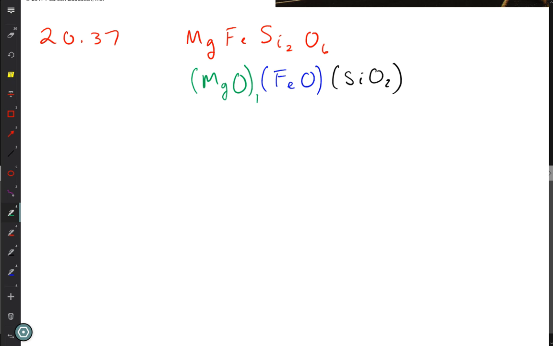So that means I better have a 1 here, because there's 1 magnesium. Now I'm going to count my O's. I have 1 O from that one. Now we go to the iron. How many irons are in my pyroxene? So I'm going to have 1 there as well. So I'm going to have +1.